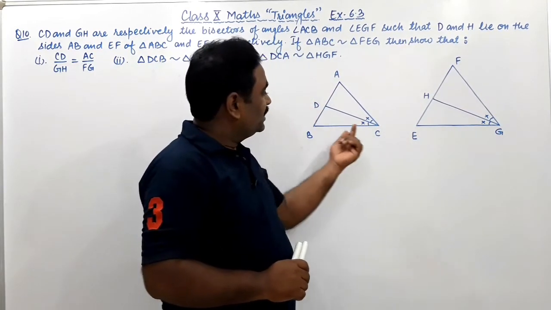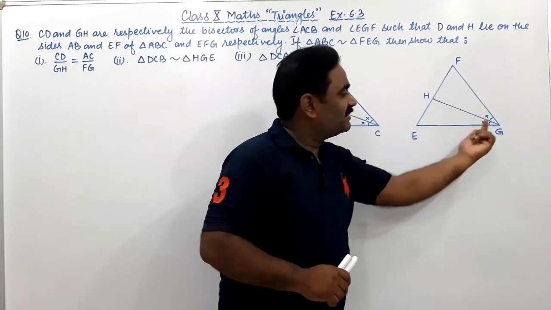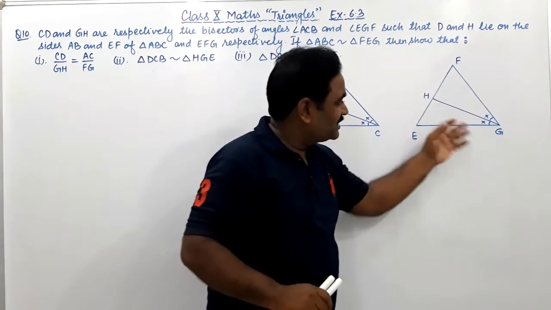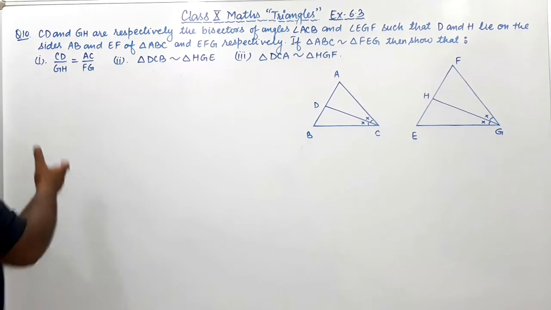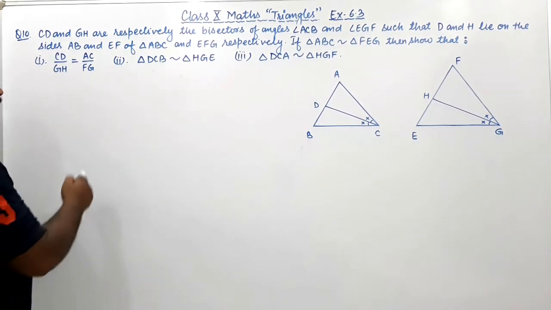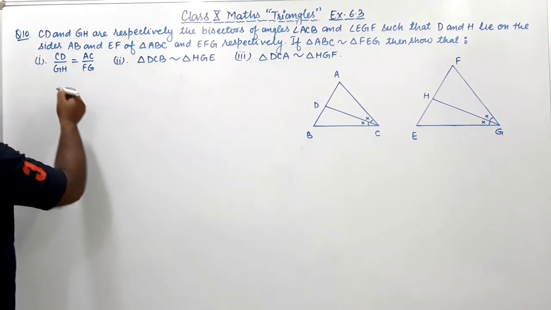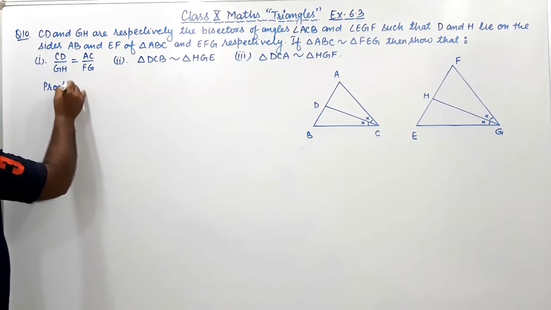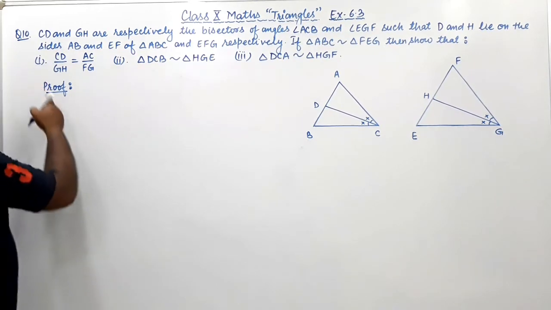Now CD is the bisector of angle C and GH is the bisector of angle G. Clear? GH is the bisector of angle G. Clear? Okay. So let us prove. So first, start the proof. Data and to prove you have to write down by your own self. Okay. So see the proof of the first part. So in the first part, let us start.